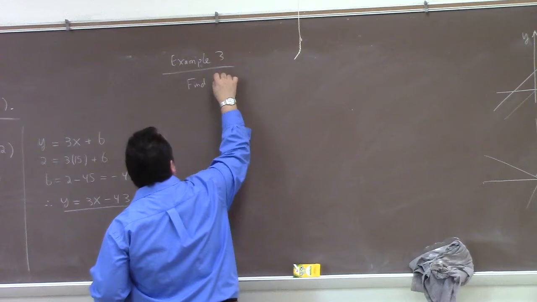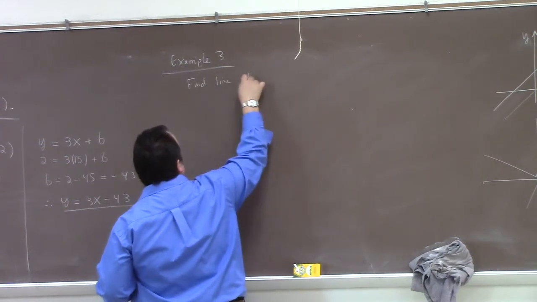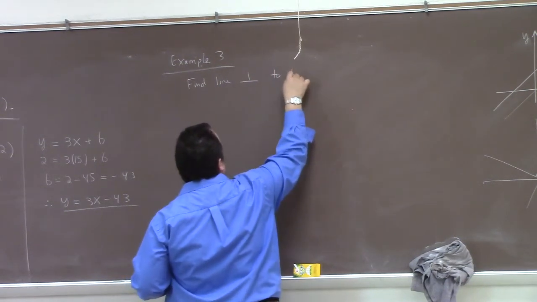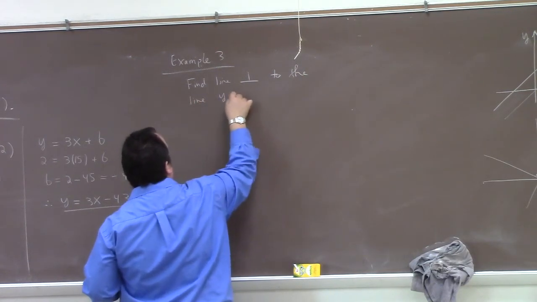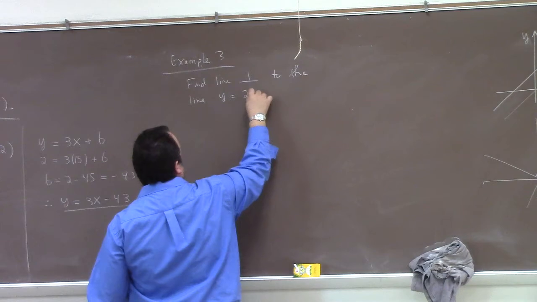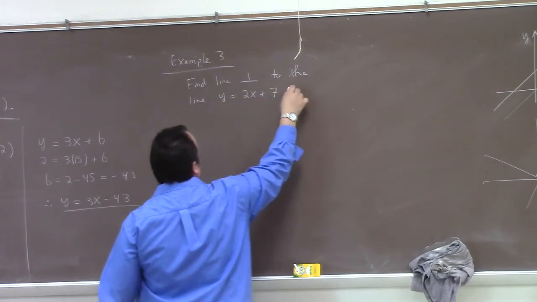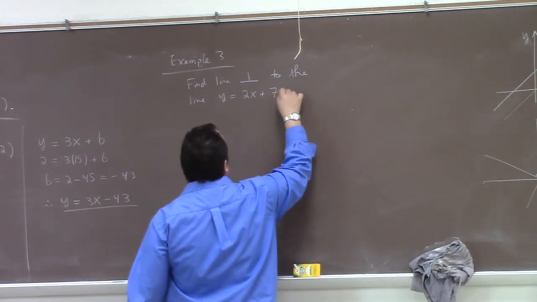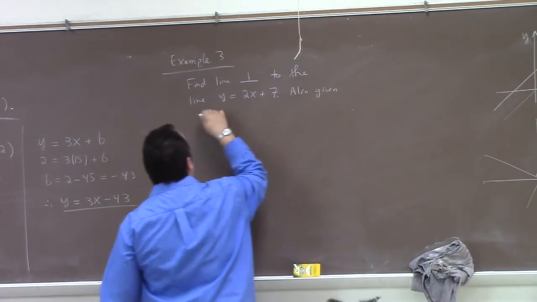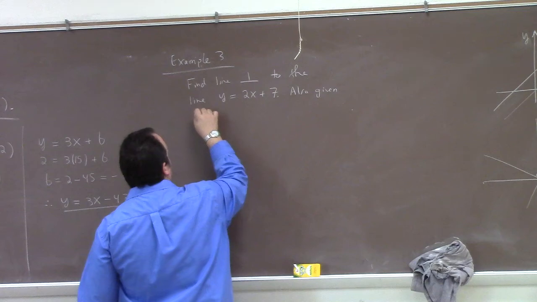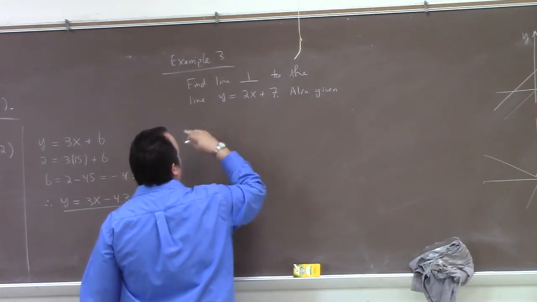Find the line perpendicular to the line y equals 2x plus 7. I have messed up the wording here.